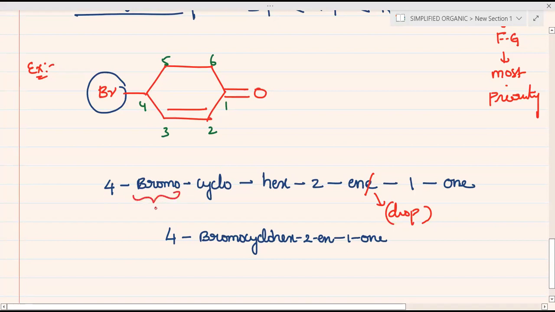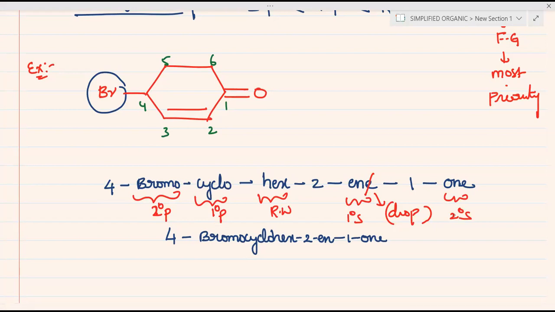This is the secondary prefix, this is the primary prefix, this is the root word, this is the primary suffix, and this is the secondary suffix. So in this way, you need to name a compound. Please do not try to give the name of a compound at once. First give them in parts and then join those parts to get the correct answer.